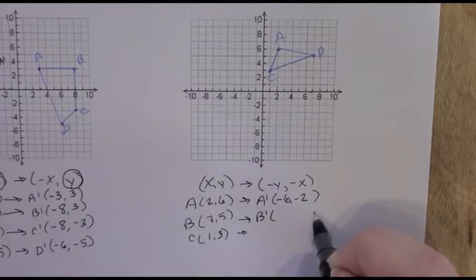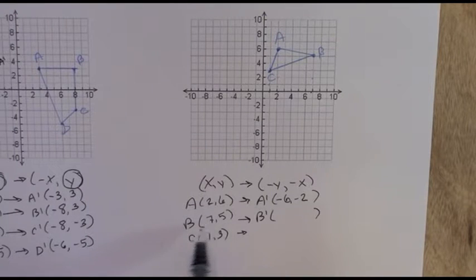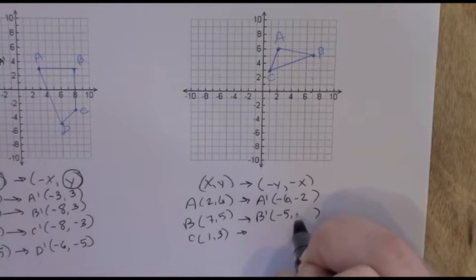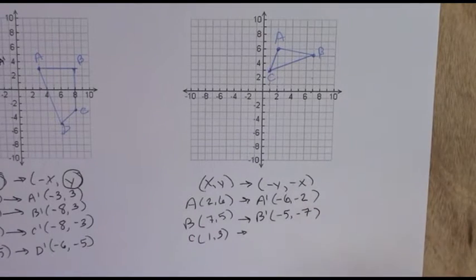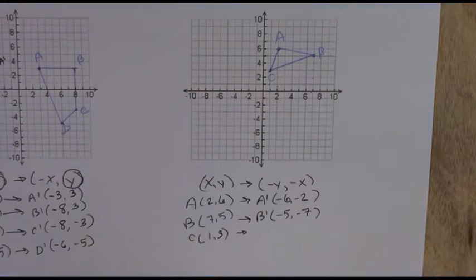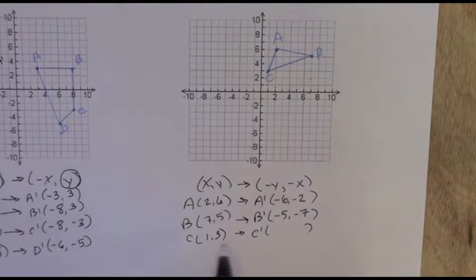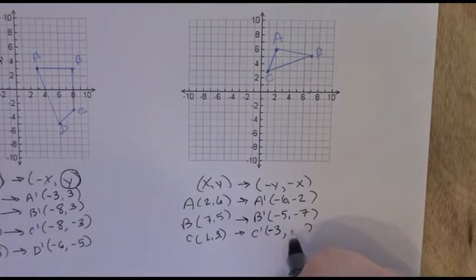B prime: we switch the order of 7 and 5, so that turns into 5 and 7, but then we switch the sign of both to get (negative 5, negative 7). Finally, the point (1, 3), C turns into C prime. Switch the order, so the 3 comes first, but we also have to switch the sign, so (negative 3, negative 1).